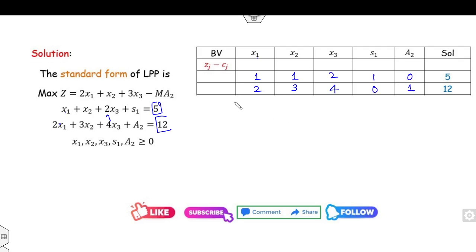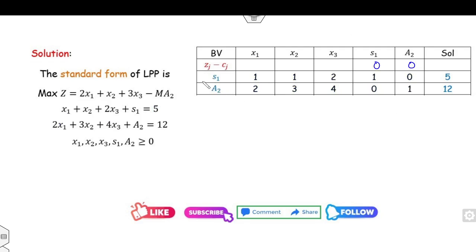Because there are two constraints, your target is to form an identity matrix. This 1, 0 corresponds to s1. 0, 1 corresponds to a2. So this value is my s1, this value is my a2. And Zj minus Cj corresponding to s1 is 0, Zj minus Cj corresponding to a2 is 0. Fine.